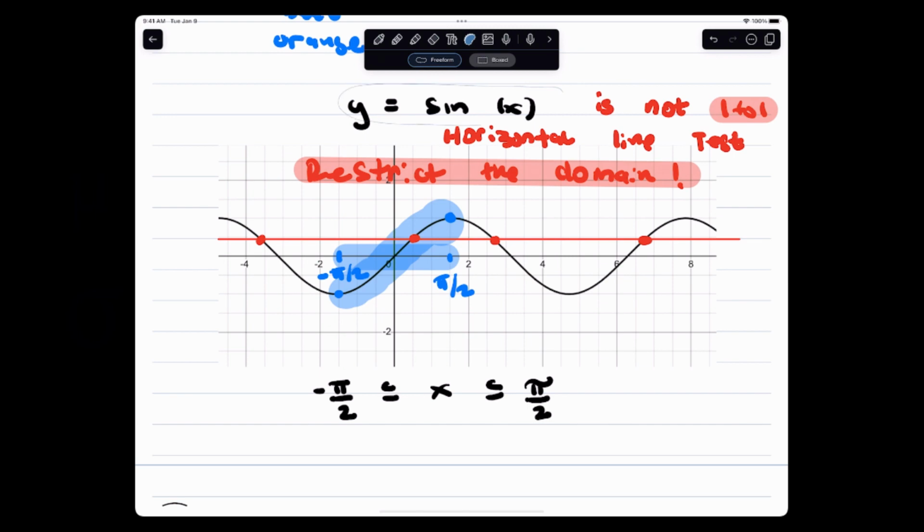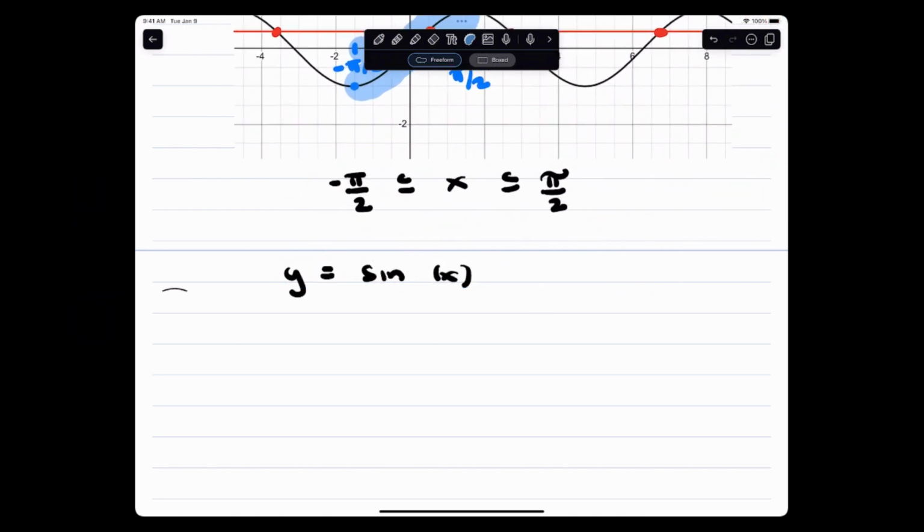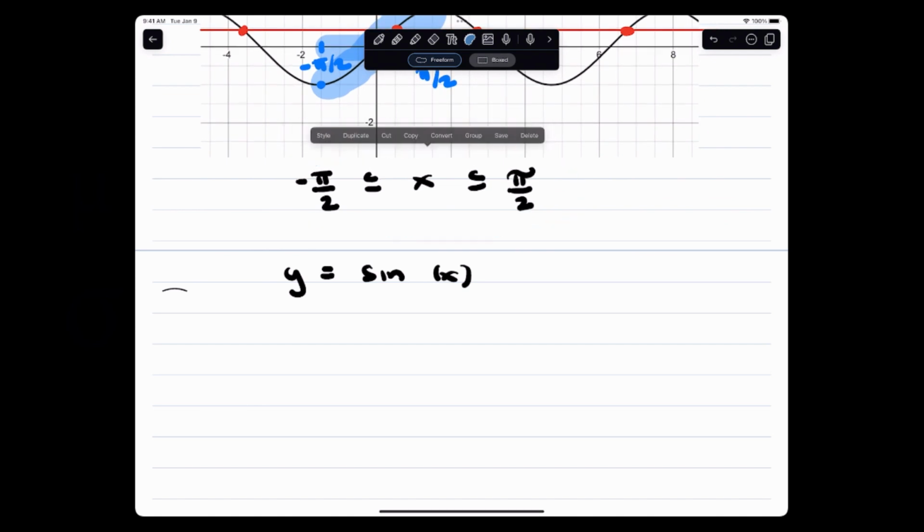So let me do this. Let me copy this now, and bring this down here. And I want you to consider this function now. I'll write it down again, I guess.